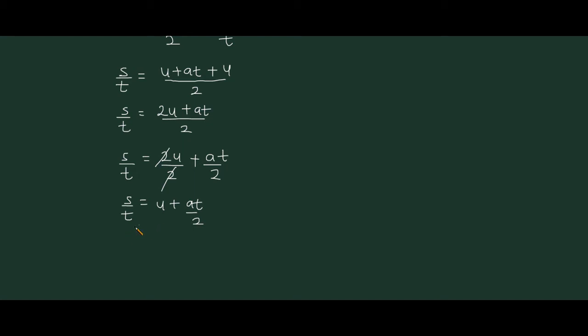I'll multiply through by t to find s. So by multiplying through by t, this will be t multiplied by s over t is equal to t multiplied by u plus at all over 2.